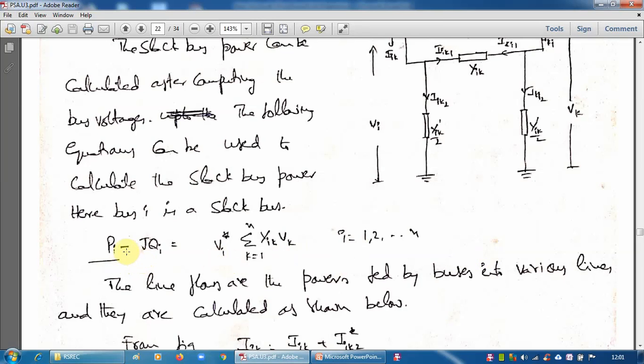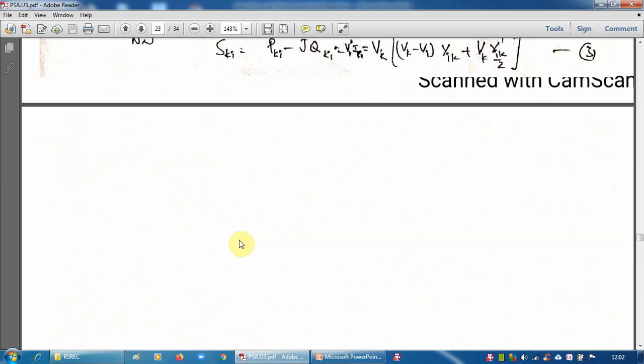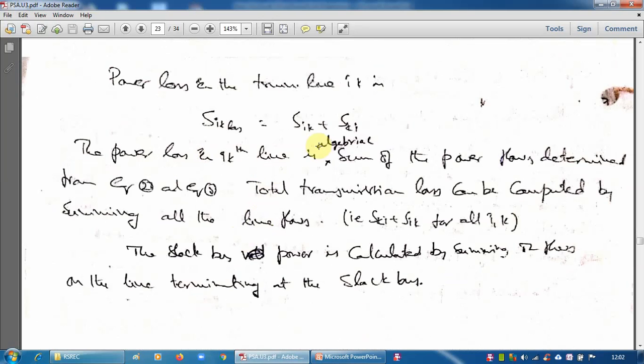Or if the second bus is the slack bus, then the complex power at that bus, P2 minus jQ2, is nothing but V2 conjugate into Y21 V1 plus Y22 V2, and so on. From the obtained values of bus voltages and admittance elements, we can calculate the power at the slack bus by using this. Or power at the slack bus can also be obtained like this.